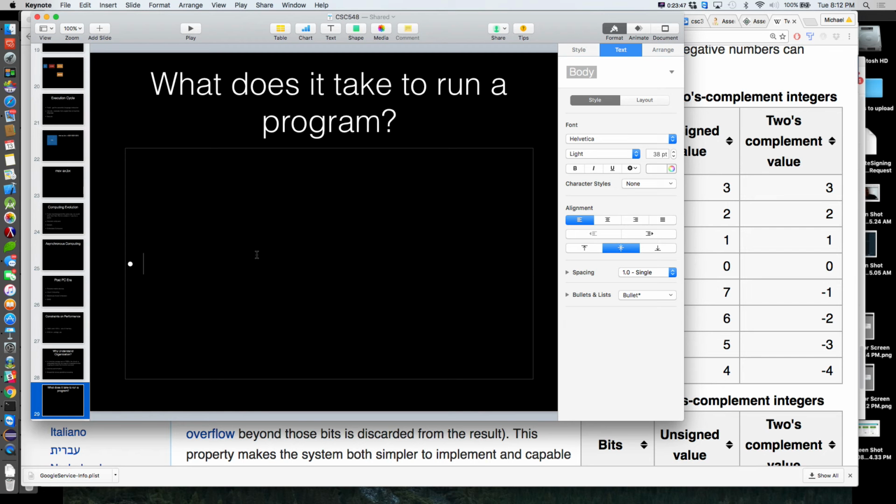Now, do we have a maximum number of instructions that go into a computer program? So I've mentioned that this program that we're running right now might have 100 instructions. How many bits does it take to represent the number 100?